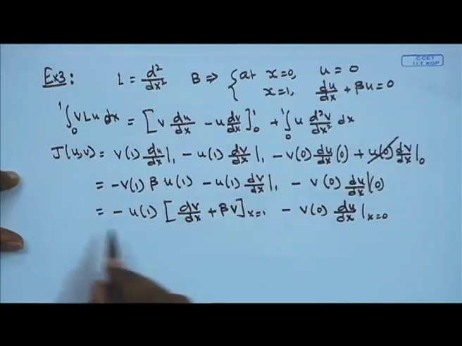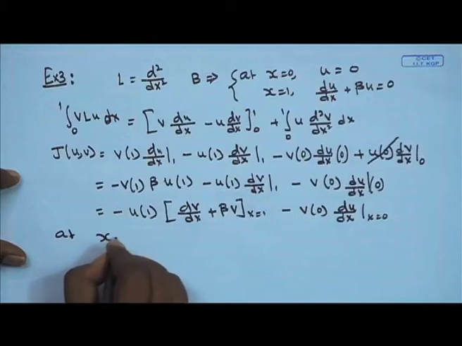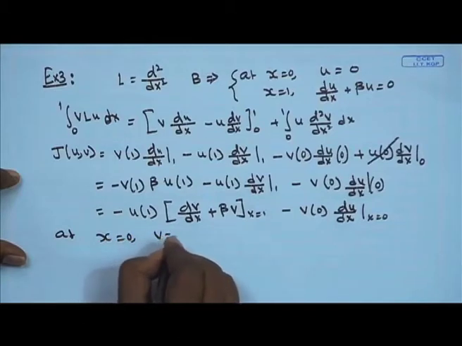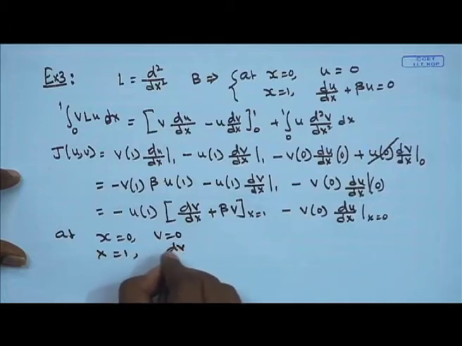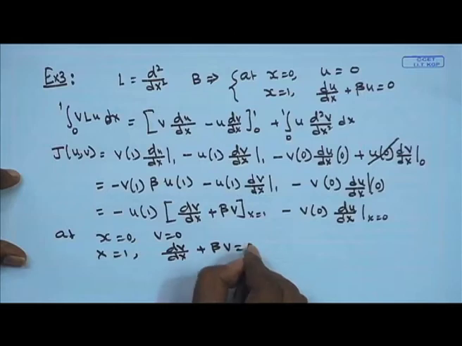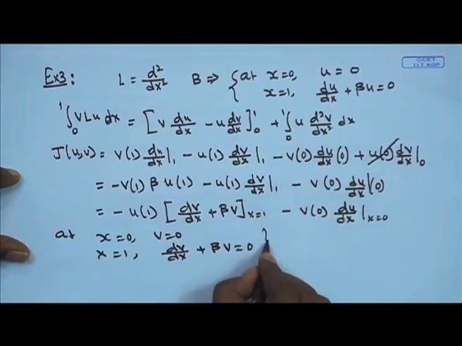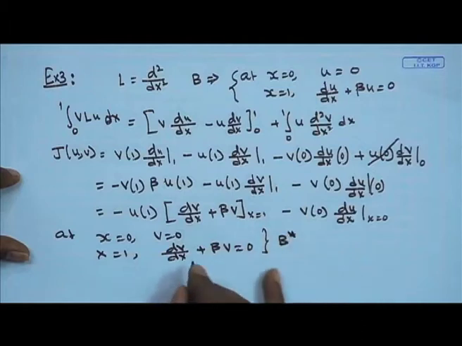So, in order to make the bilinear concomitant vanish, I select the boundary condition at x equal to 0, v is equal to 0, and at x equal to 1 I have dv/dx plus beta v is equal to 0. So, these are same as B. So, B star is same as B in this case. So, B is equal to B star.